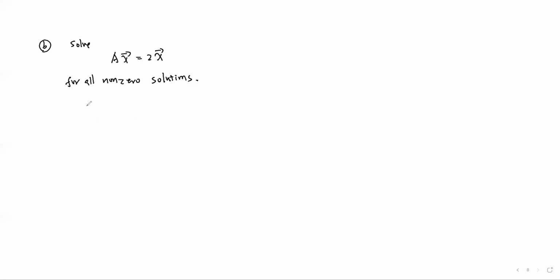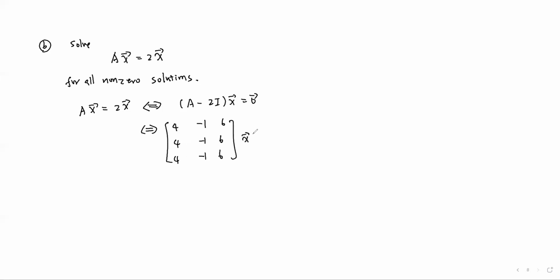From part 1, we see that Ax is equal to 2x. This equation is the same as (A minus 2I)x equals 0. In part 1, we computed A minus 2I. It is 4, negative 1, 6, times x is 0.